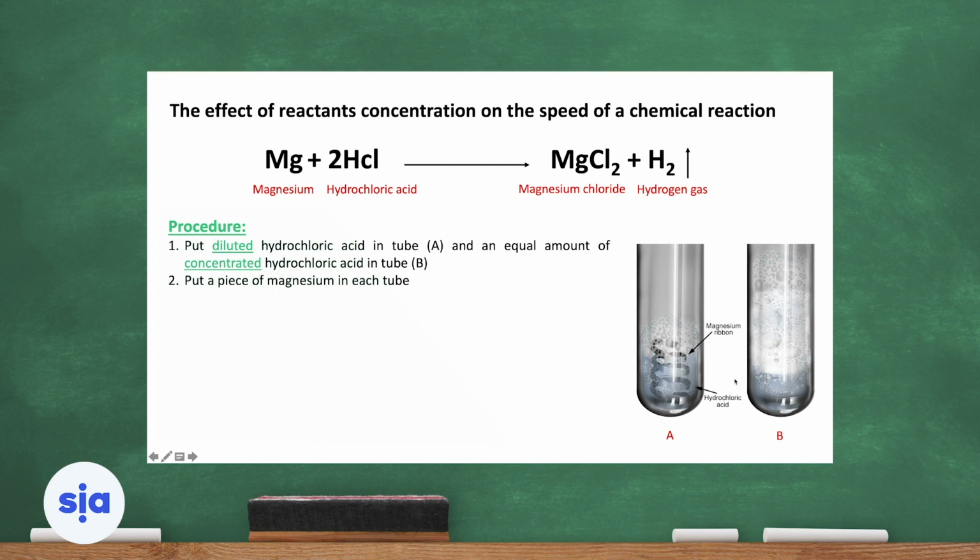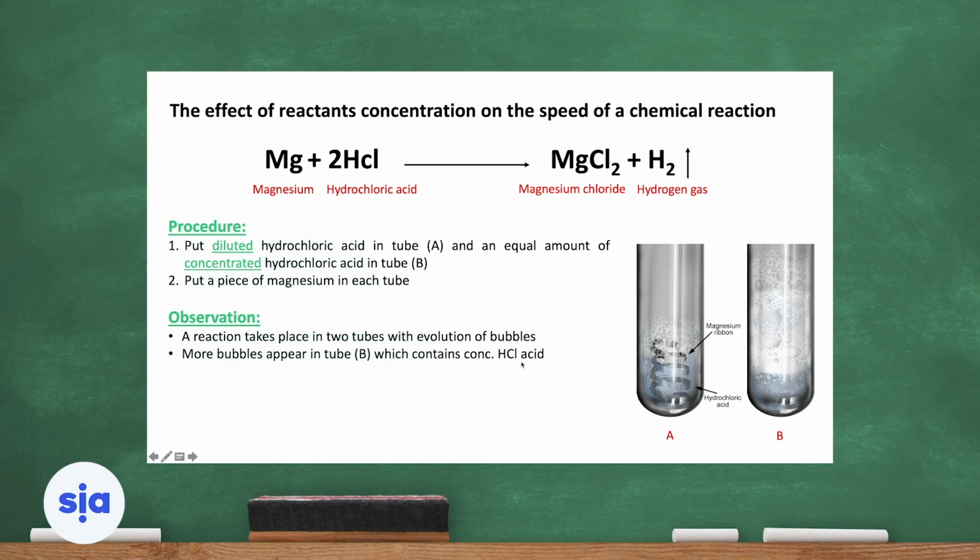Of course, the reaction takes place in two tubes with the evolution of bubbles. More bubbles appear in tube B because it contains the concentrated hydrochloric acid. So whenever the concentration increases, the speed of the chemical reaction increases too.